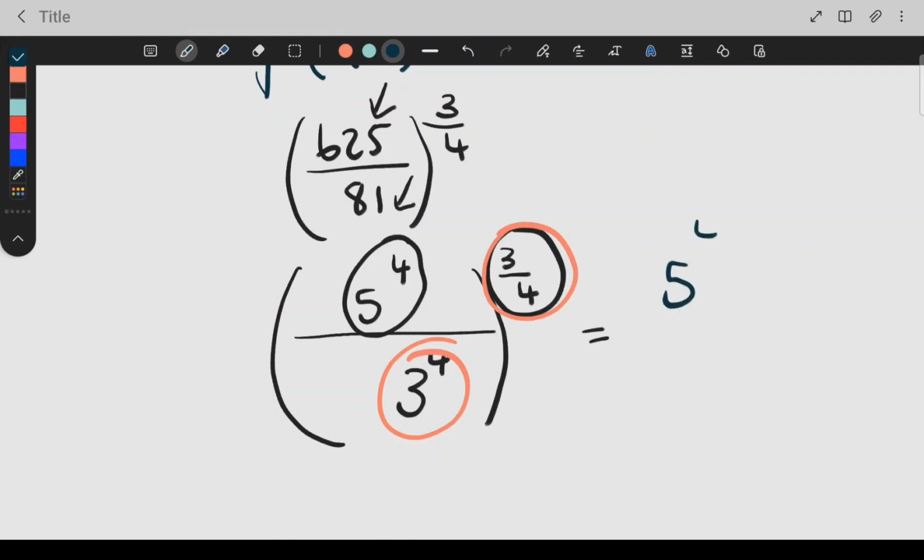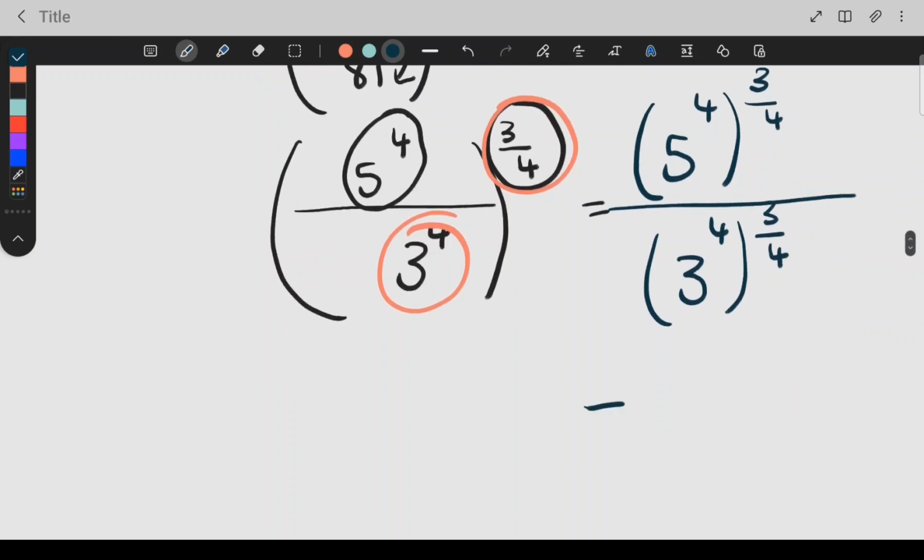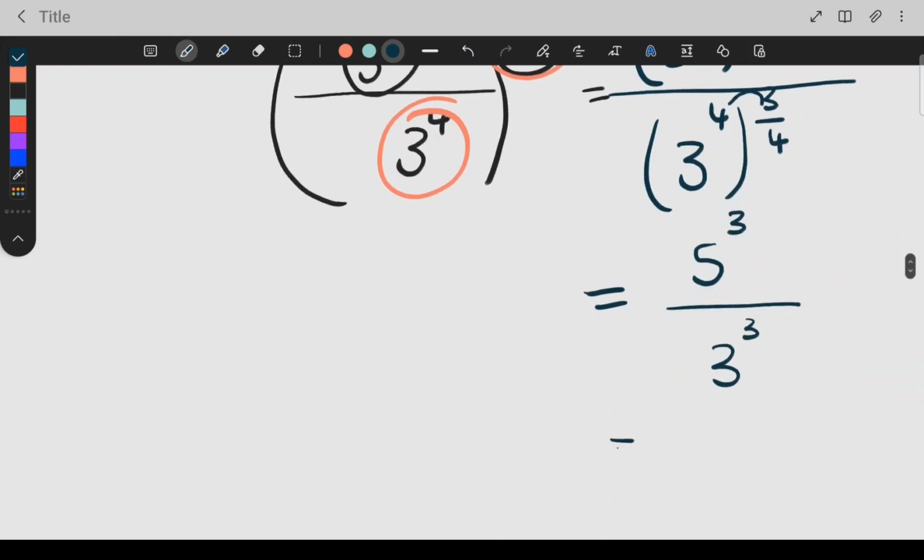We say this to the this over this to the same thing. Let's see. A power to a power you multiply, that's 5 to the 3. A power to a power you multiply, that's 3 to the 3. And then you can simplify. 5 to the 3 is 125. And 3 to the 3 is 27. And that's the answer. That's how you do that.